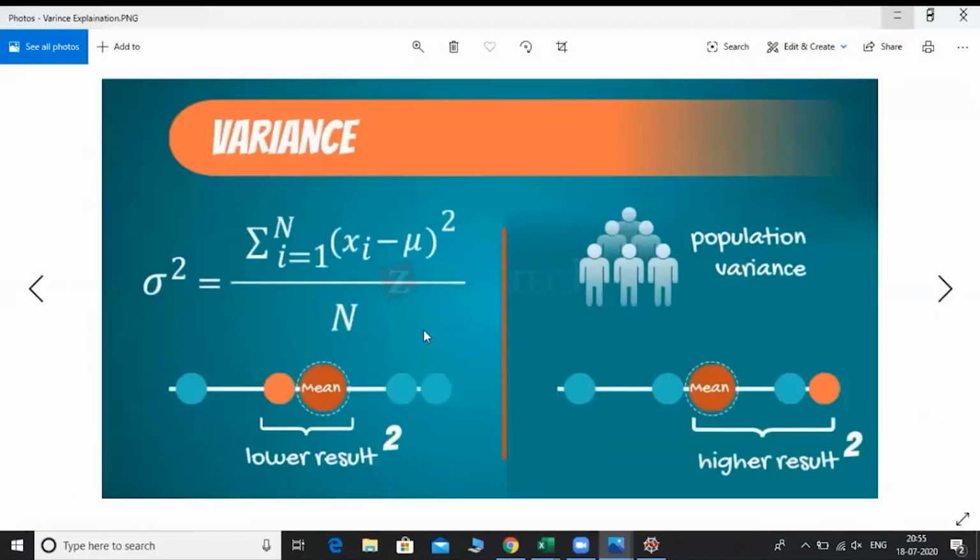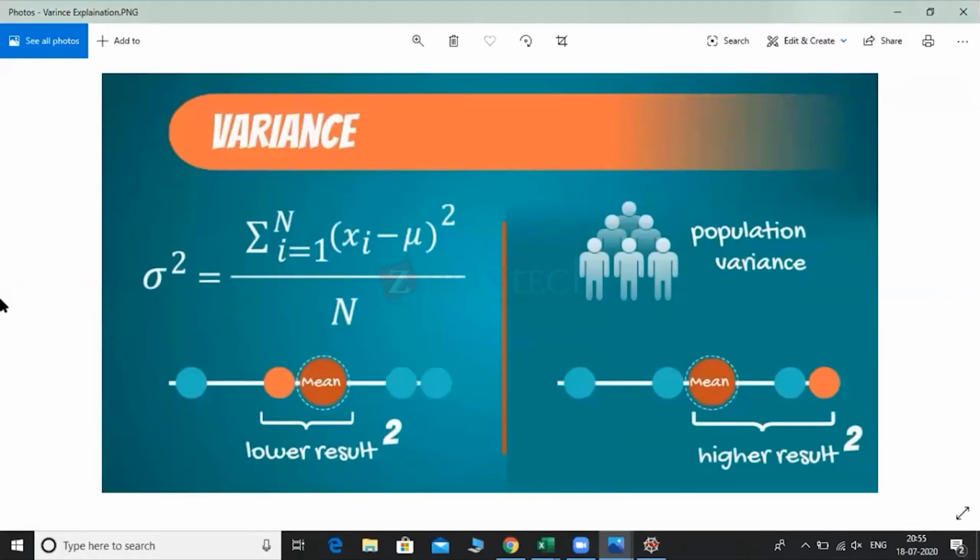what we'll look at is something called variance. As we're talking about the data, we'll have some kind of variance associated with it. So what do we mean by variance?